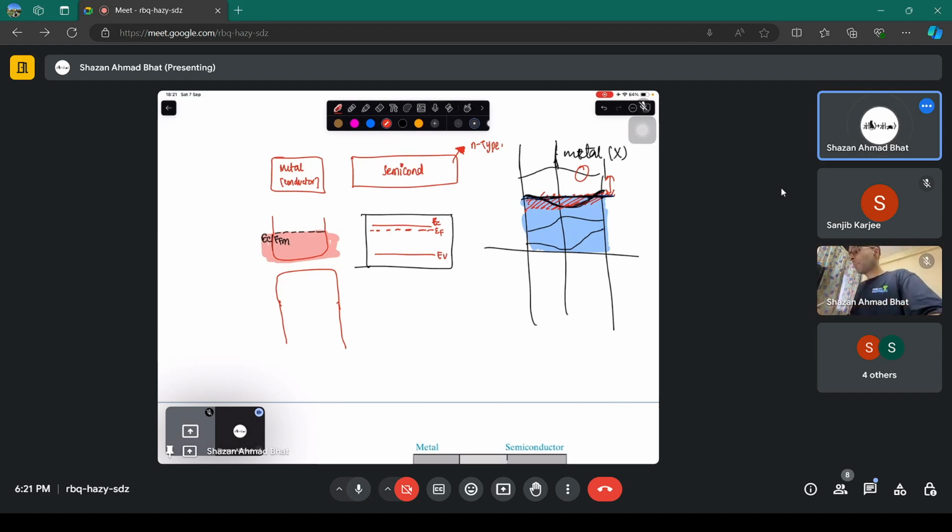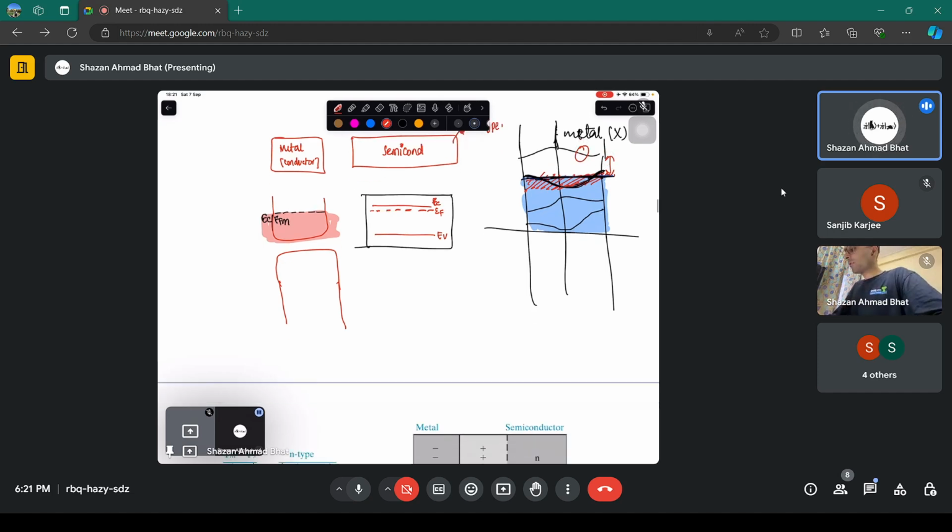But for metals, because the Fermi level is directly in the conduction band itself, most of the conduction takes place because of the electrons present here, just a few kT above and below the Fermi level. That's why we never talk about the band gap in a metal.